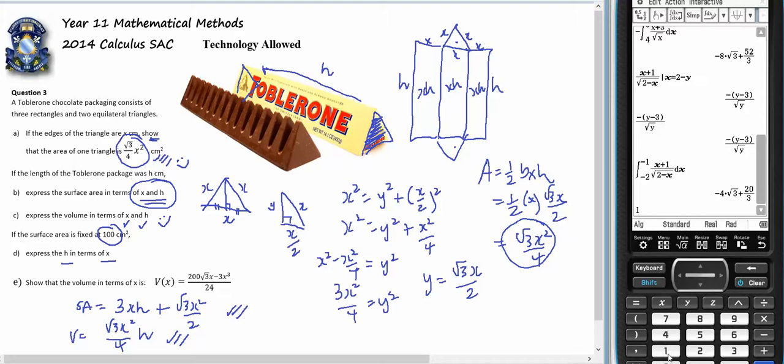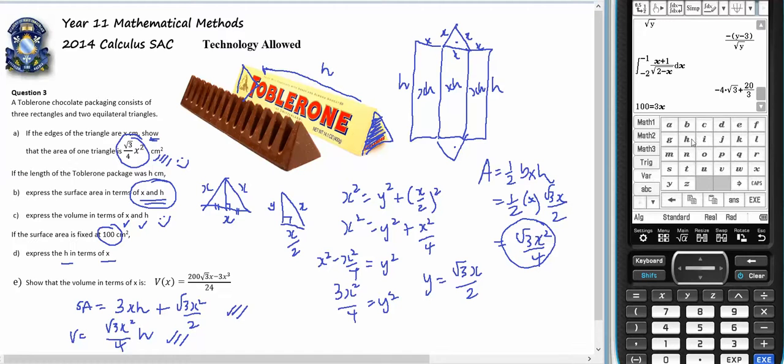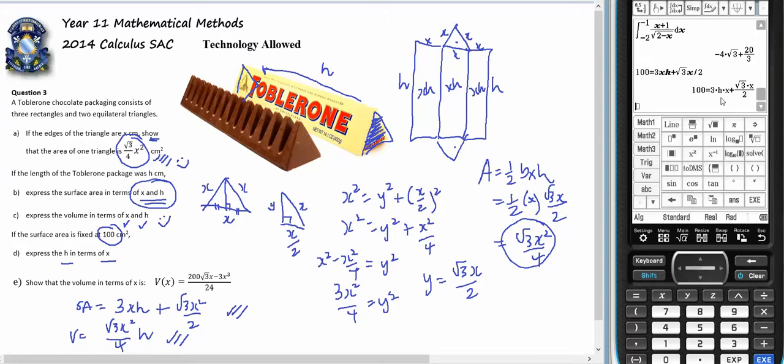So 100 equals surface area, 3xh plus root 3 x squared divided by 2.